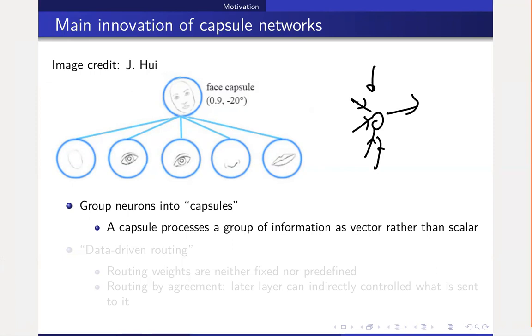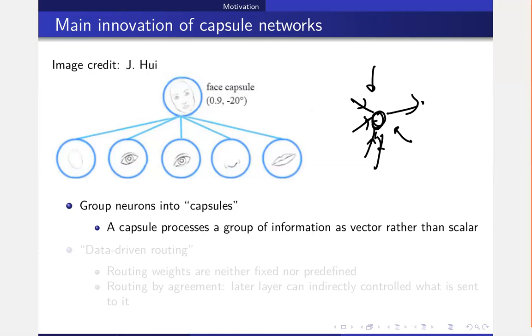And because this is a single neuron here, each of the inputs is a scalar. The output is also a scalar as well, right? So this is just scalar inputs coming in, scalar output going out. And if you think of the information represented by the output of this neuron here, it's pretty limited because it's just a scalar unit.